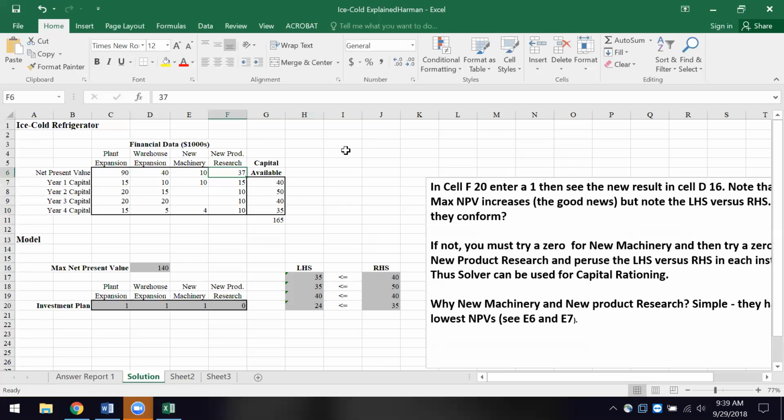So, again, the data that we have here, we're seeing the decision making part. The problem solving part's really been done here. It's the decision making part. And for example, on the plant expansion, we've got $165,000 of capital available, and just for grins, I'm going to total.